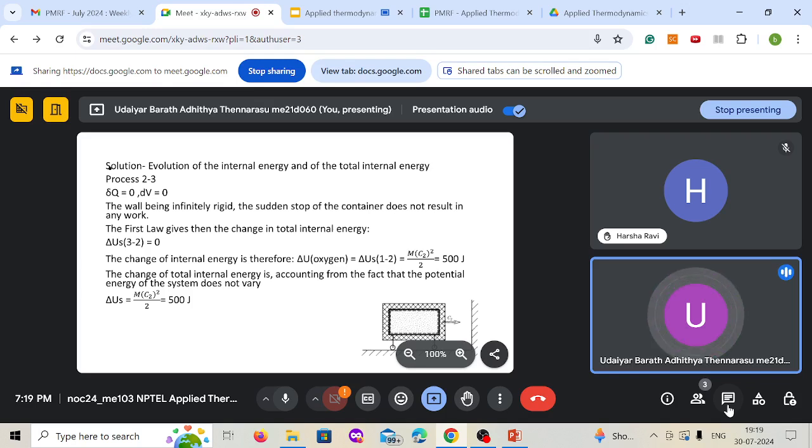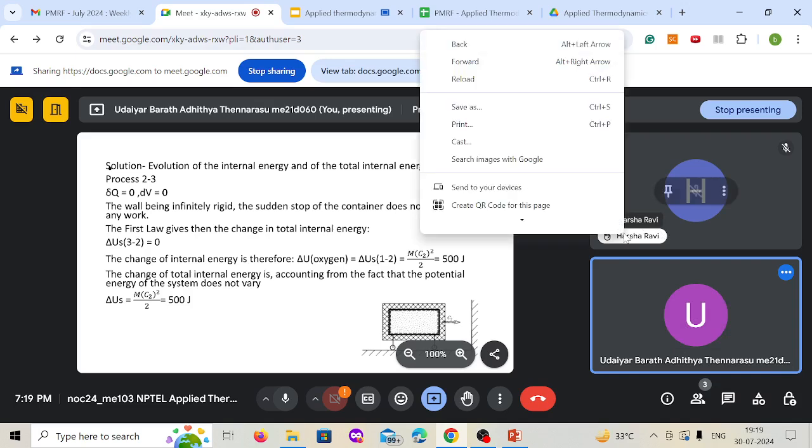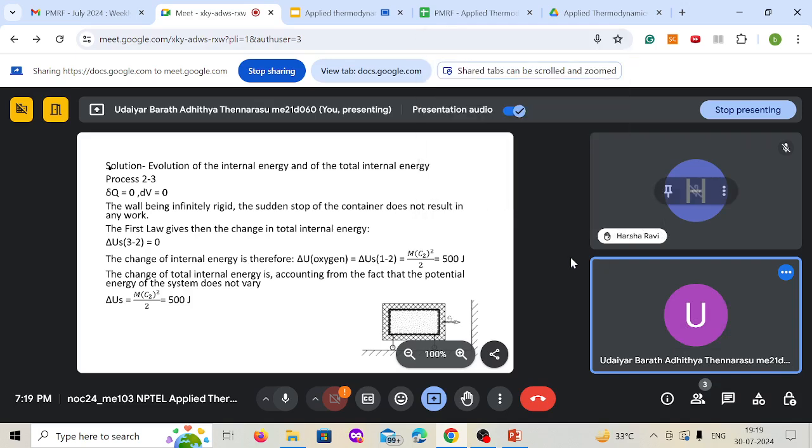You can type in if you are not able to speak. Okay, so anyway, I'll move on if you don't have any query.